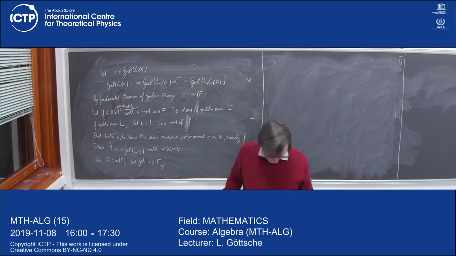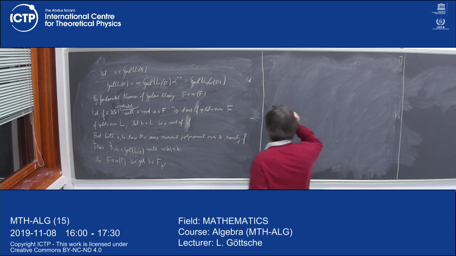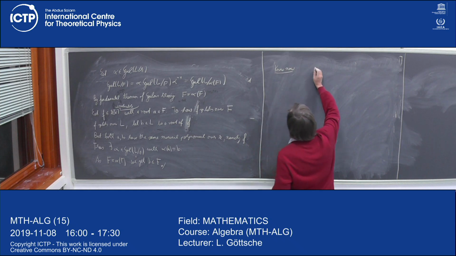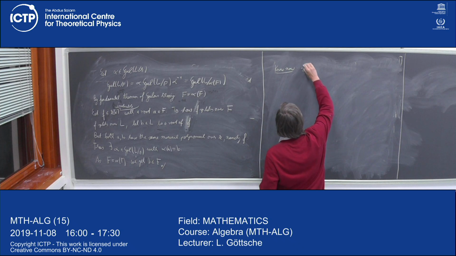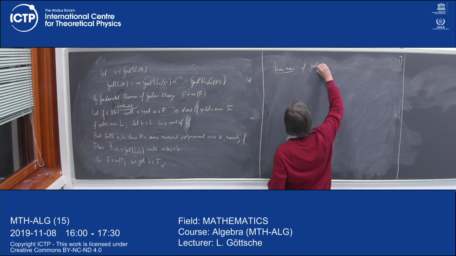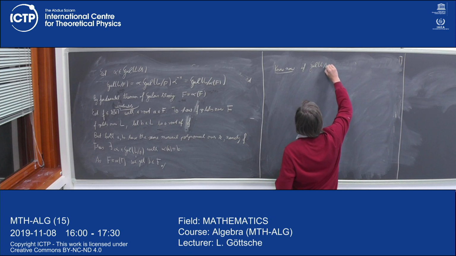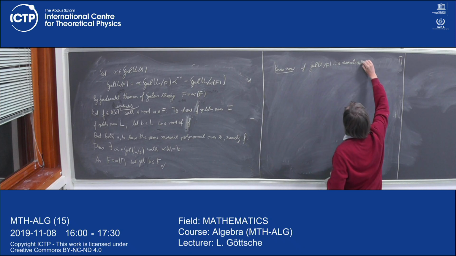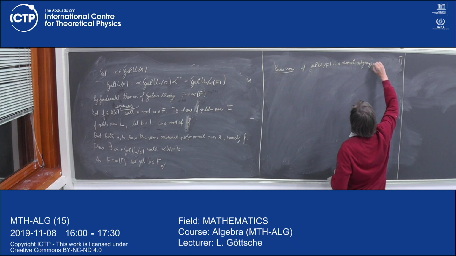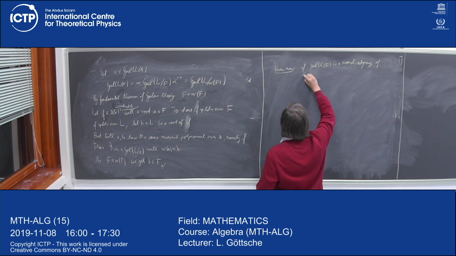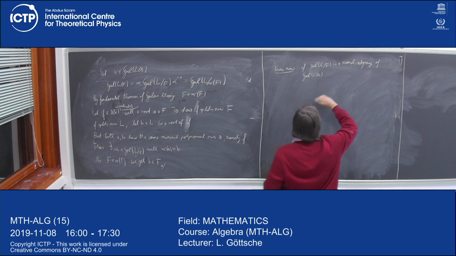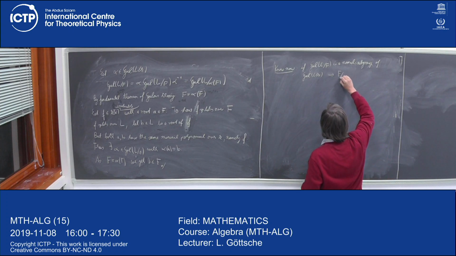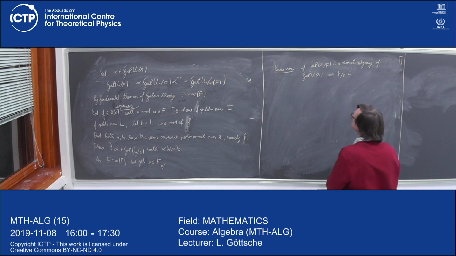Now, obviously, we can also ask ourselves another question. We know now that if the Galois group of L over F is a normal subgroup of the Galois group of L over K, then F over K is a normal extension.